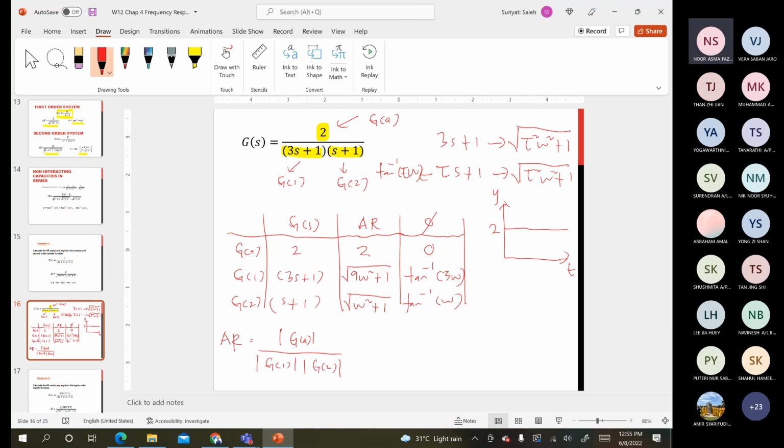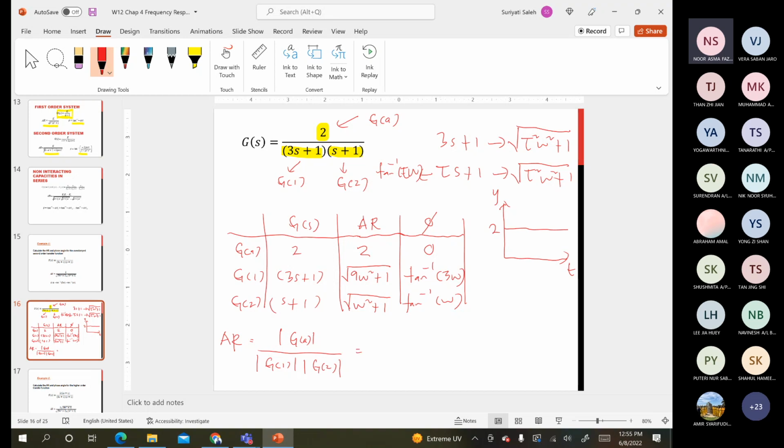For the amplitude ratio, normally it is a compilation. So we put GA over G1 and G2. That means it's still the same as in the original transfer function. So what we need to do is just replace it.